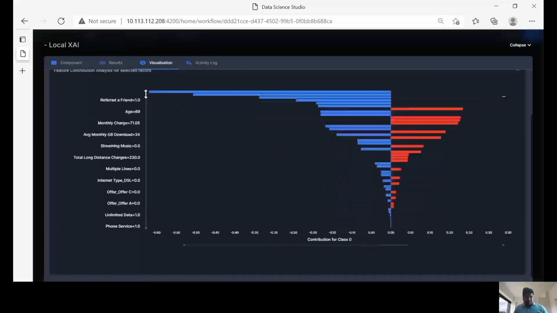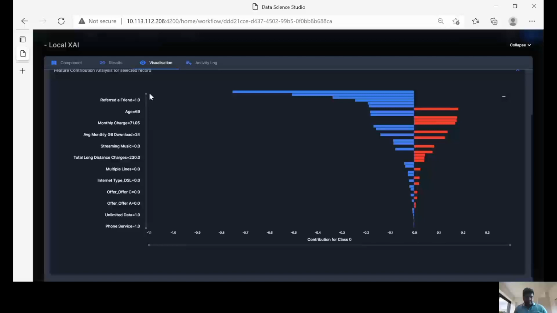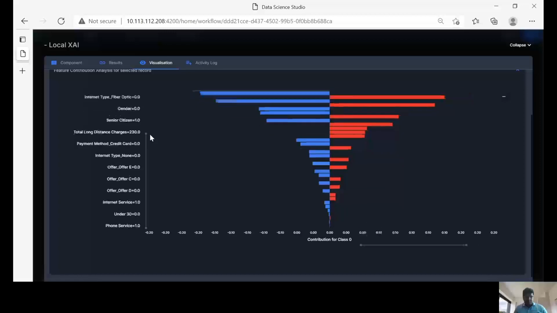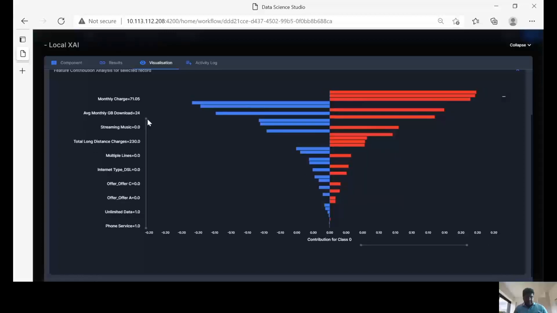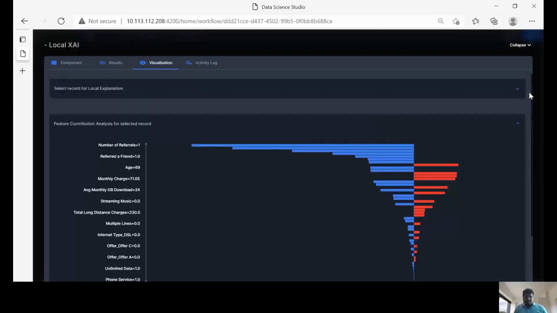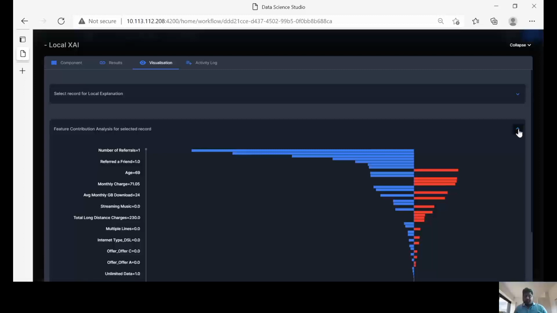Right? Just to summarize, this customer has high referrals, decent monthly charges, and is also quite satisfied. That is the reason the model is predicting this customer to be active, whereas in reality, this customer has churned.